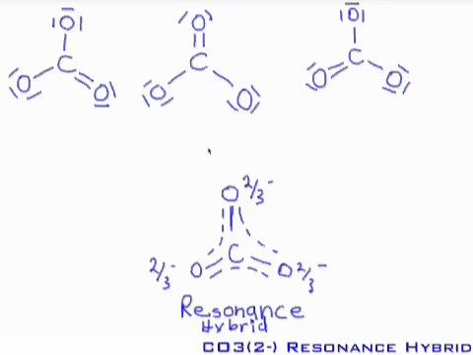So how do we represent this in the case of a Lewis structure? Well, the best Lewis structure that we can come up with to do this is the resonance structure. So each one of these three structures is referred to as a resonance structure.